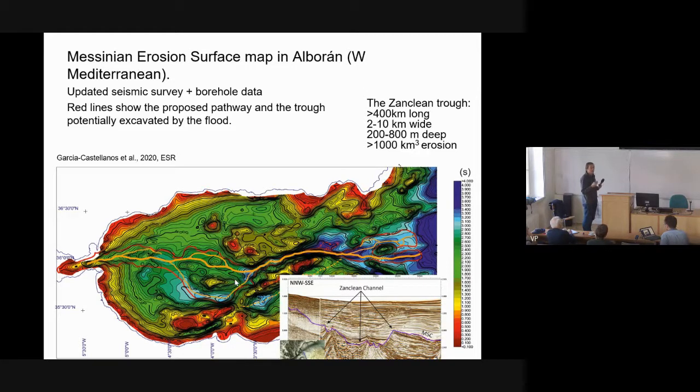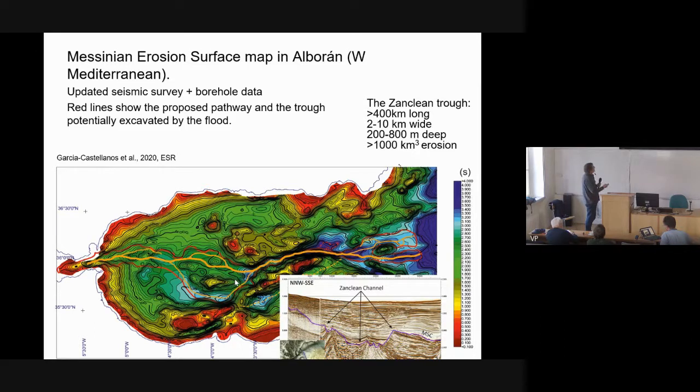And that implies water discharges that exceed or approach 100 Sverdrups, which is 100 million cubic meters per second. Okay, and so it's really a big thing that needs big evidence to be supported.